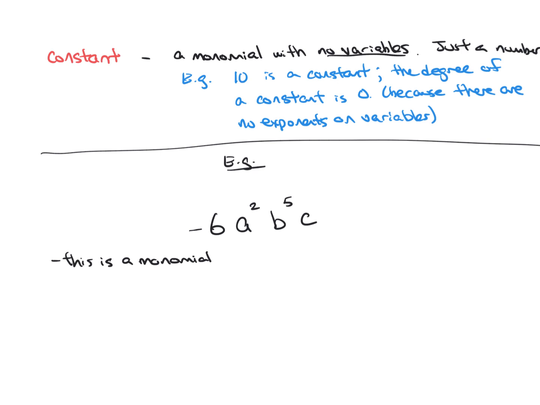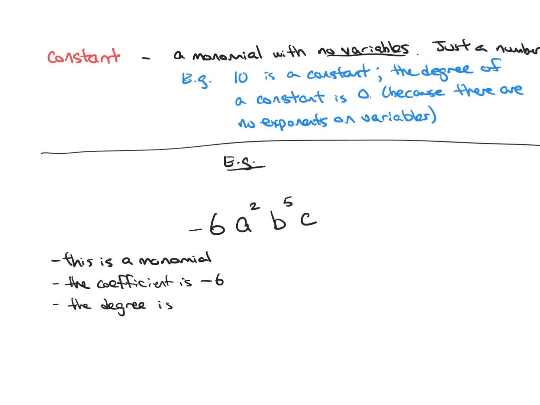All the exponents on the variables are whole numbers. There's also a number multiplied to it. So the number part is called the coefficient. So the coefficient is negative 6. The degree is, you have to add up all the exponents.